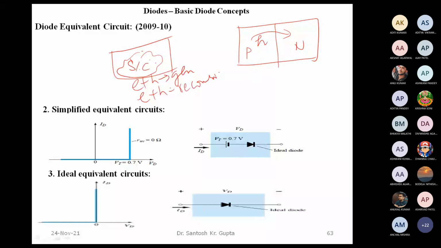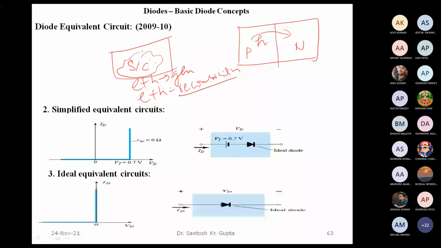So mean lifetime is the time for which these carriers live. These are quite statistical phenomena. We cannot find out exactly which carrier is going to live for how much time, only statistical estimates.